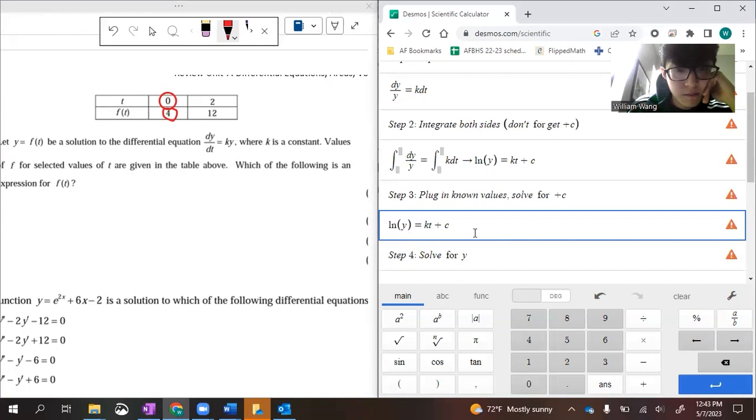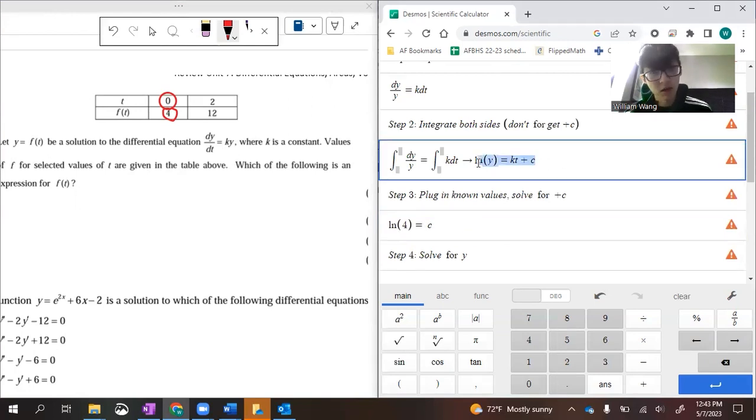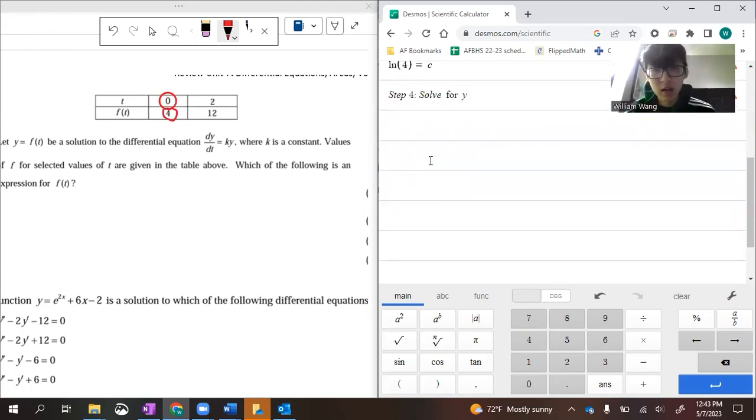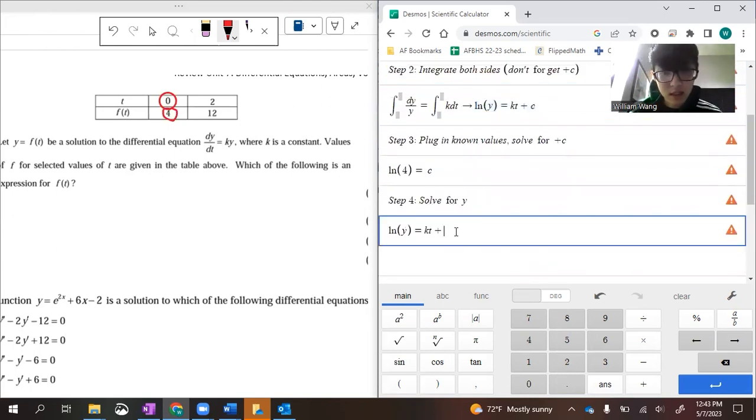When t is 0, y has to be equal to 4. Well, k times 0 is just 0. So c is equal to ln of 4. All right, I can work with that. C is ln of 4.